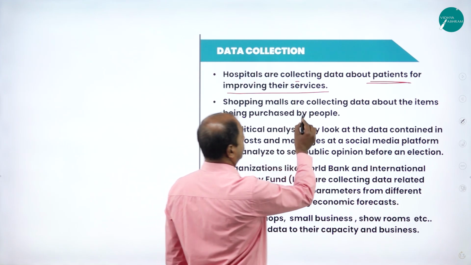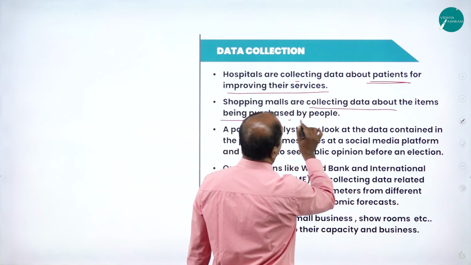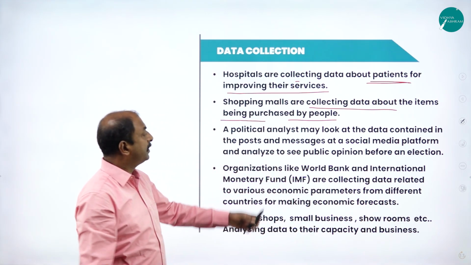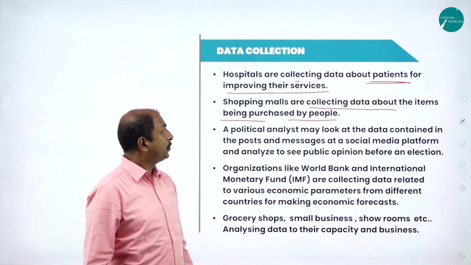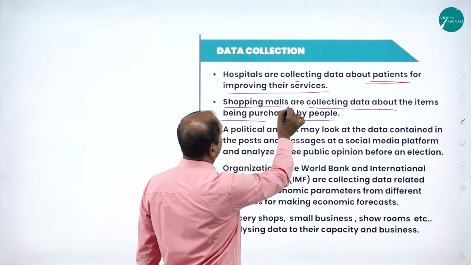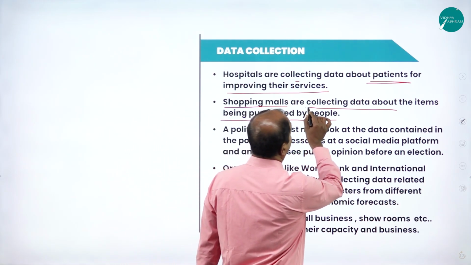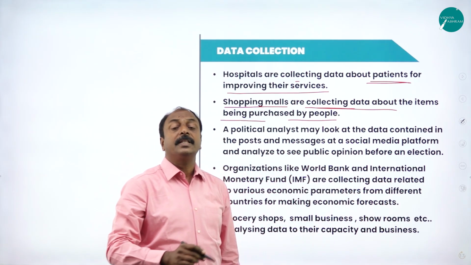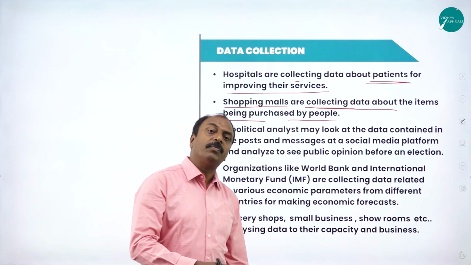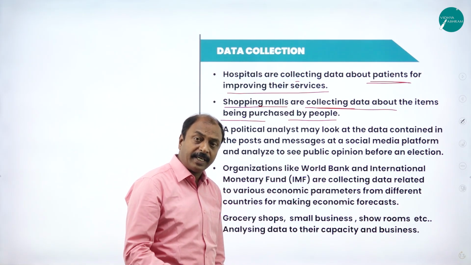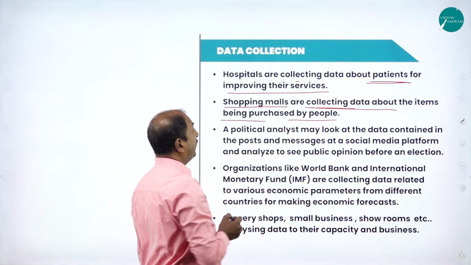Shopping malls are collecting data about items being purchased by people, just like feedback for their analysis. Not only shopping malls, any shop you visit will try to collect information about their product in the form of opinions, feedback, or rewards from the customers. That is an example of data collection.